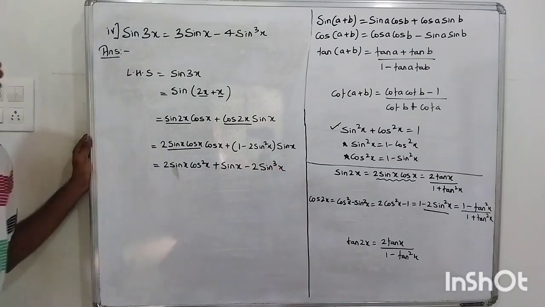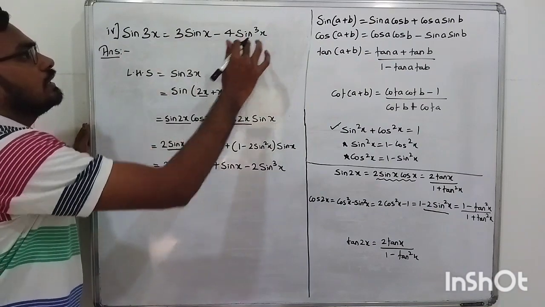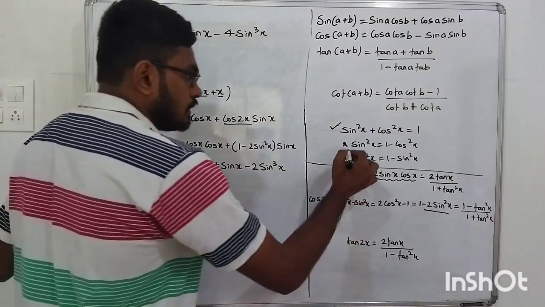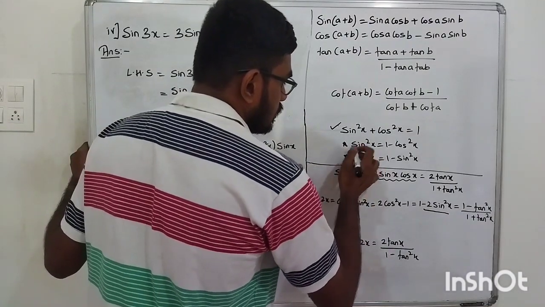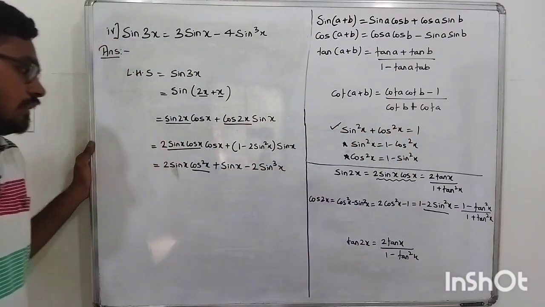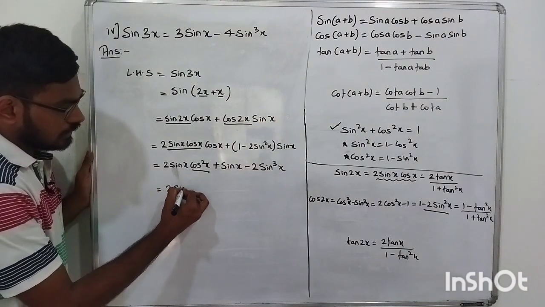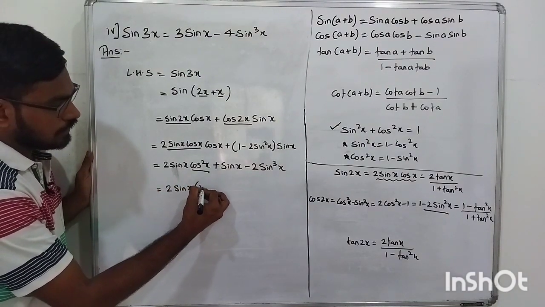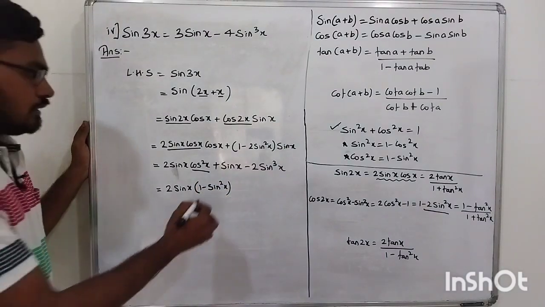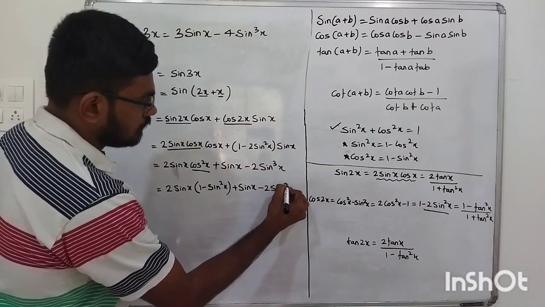Okay. And now this cos is left here. Now we want all sines here, okay, but this cos is left, but we have there cos square x. Now we are going to use this formula, okay, cos square x, this formula we are going to use. This is from trigonometric identity, so that we'll use and simplify, then we'll get the answer. So 2 sin x, in place of cos square x I can write 1 minus sin square x plus this sin x as it is minus 2 sin cube x.